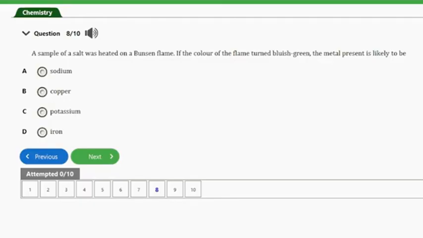If the color of the flame turned bluish green, the metal present is likely to be copper. This is because different metals produce different flame colors when heated due to the energy levels of their electrons. So copper ions typically produce a bluish green flame, and that's it for this question.